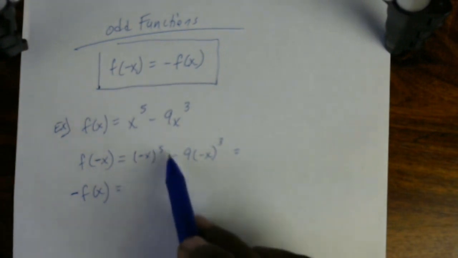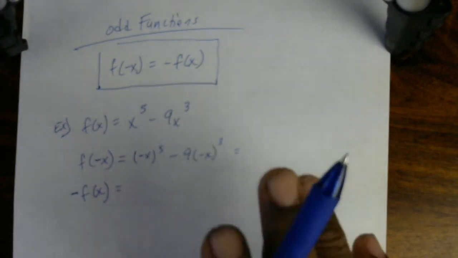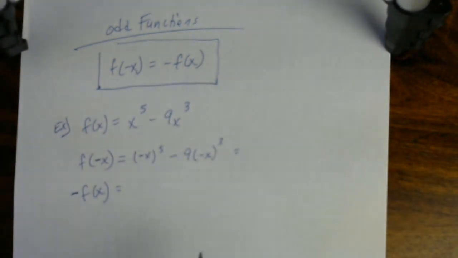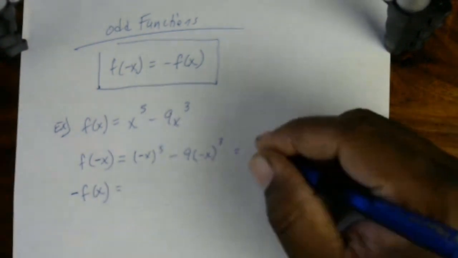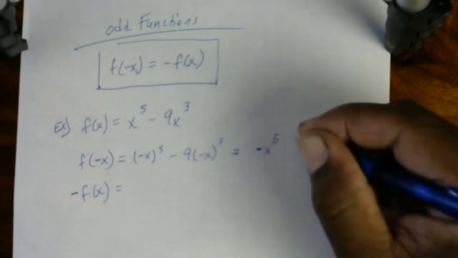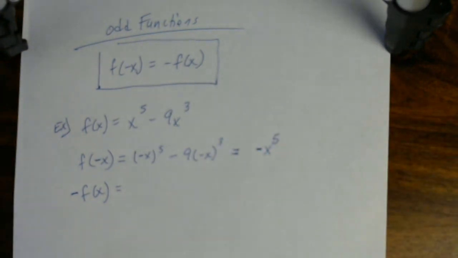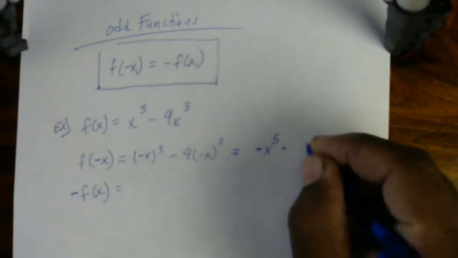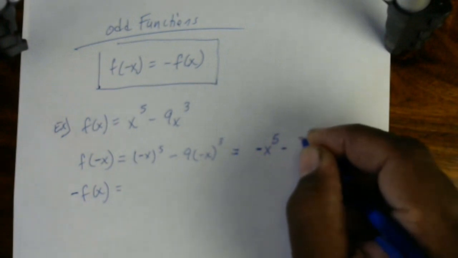So negative x to the 5th power, well, a negative times a negative times a negative times a negative times a negative is negative. This simplifies to give me negative x to the 5th. I'm going to bring down or transfer over this negative and a 9.